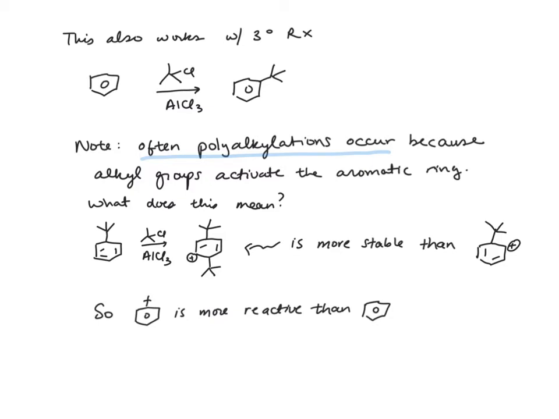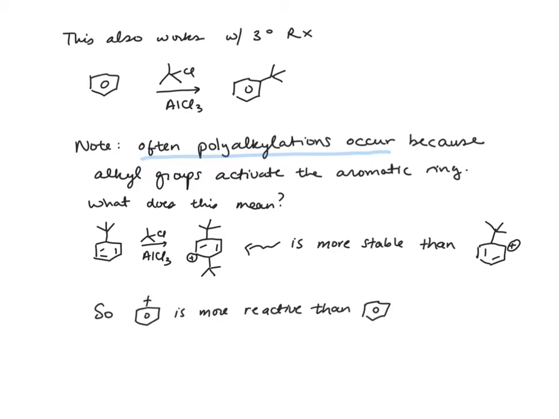So what does this mean? Let's say that we have tert-butyl benzene, and it's in a solution with benzene, and it's in a competition of whether this is going to react with the tert-butyl chloride, the carbocation that results, or is benzene going to? And here we want to look at the carbocation intermediate that forms. So this is if that tert-butyl benzene reacted with another tert-butyl cation.